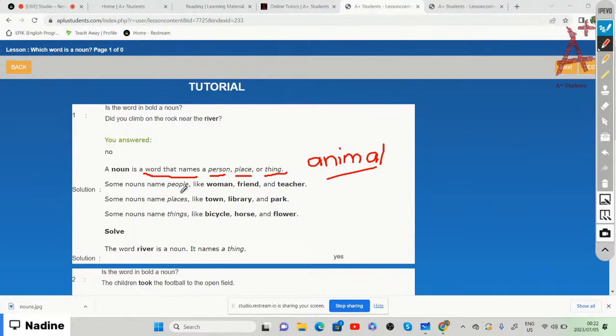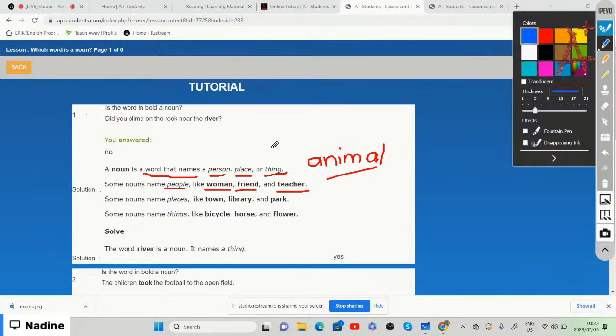Some nouns name people, like woman, friend, teacher, and of course, we have many more. So you can identify even more nouns which name people. Some nouns also name places like town, library, and park. Remember, a place can even be your house or home, the field.